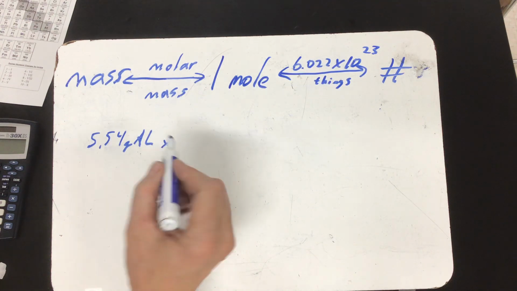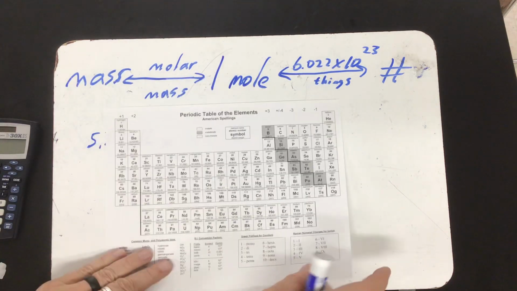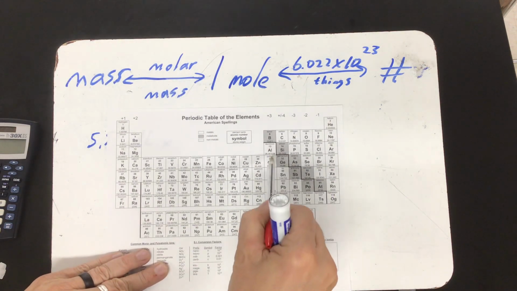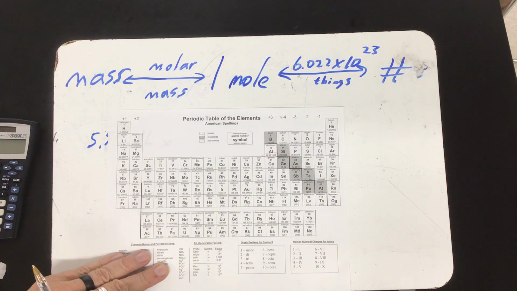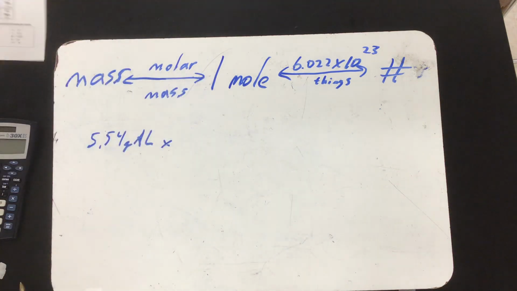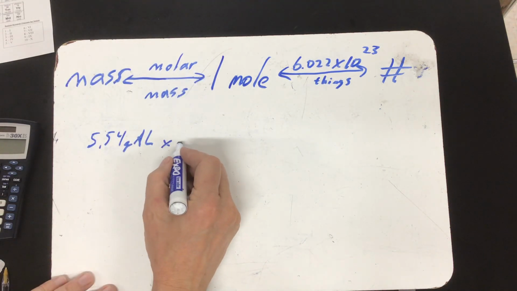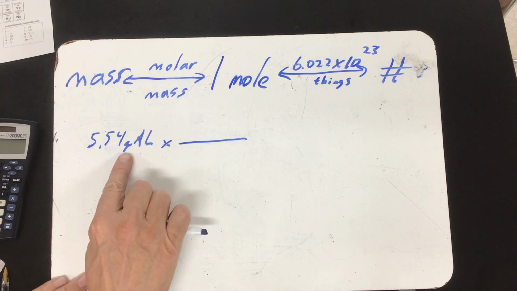Okay, so here, I'm going to use the molar mass of aluminum, which you'll notice right here is 26.98 grams per mole. That's the average atomic mass. It's just aluminum, there's nothing else bound to it, so I am going to convert using the molar mass of aluminum. I already have grams in the numerator, and I want grams to go away.